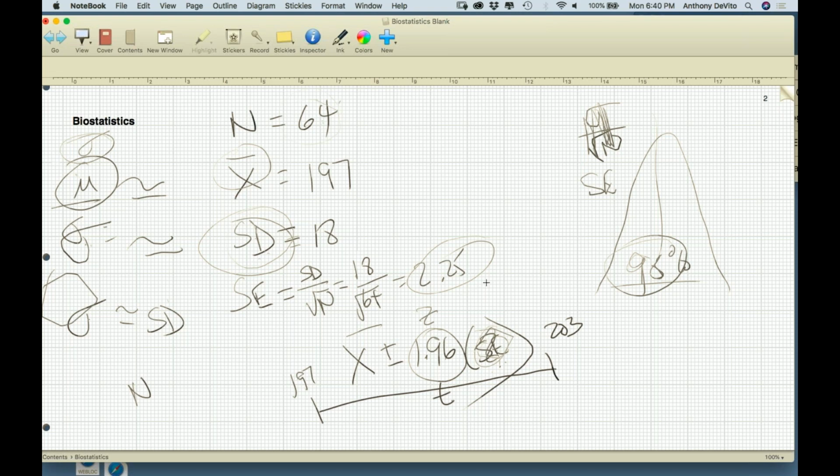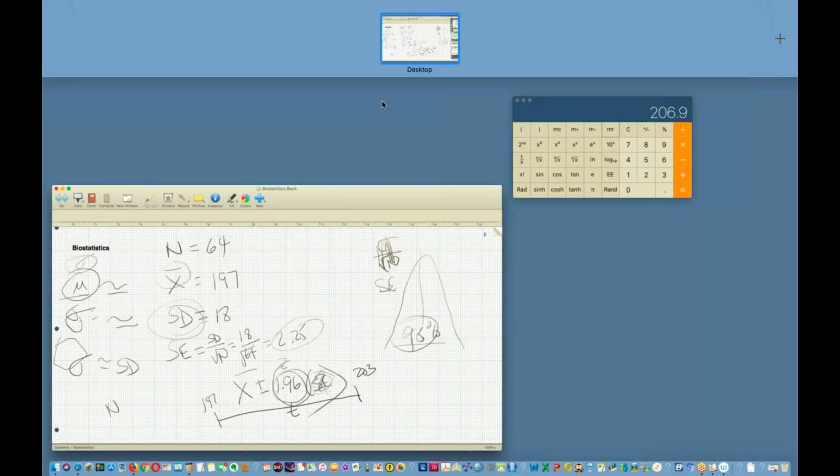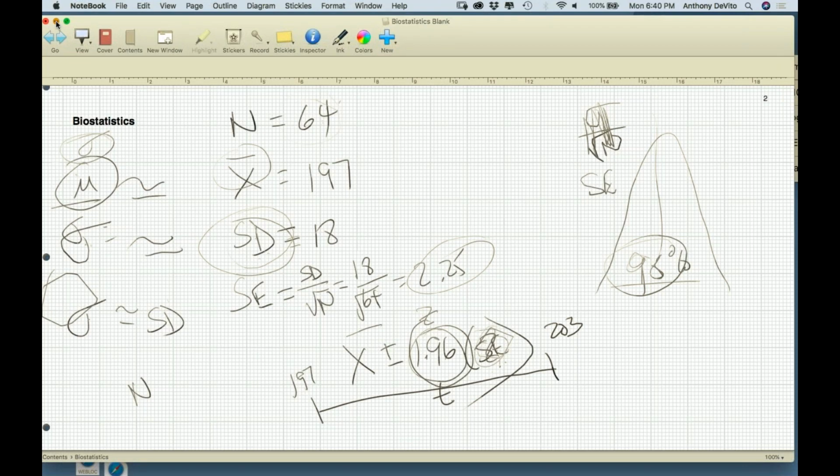So we need to figure out what should I use instead of 1.96 to accommodate the uncertainty that I've put into this thing by using the sample standard deviation instead of the population standard deviation. So let's take a look at the t-table and get a look at how that works to help us out with that.